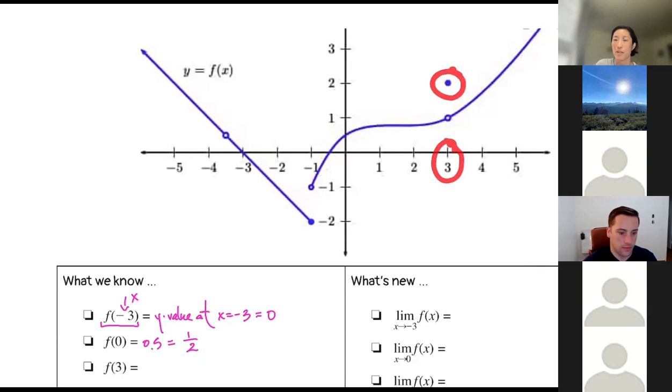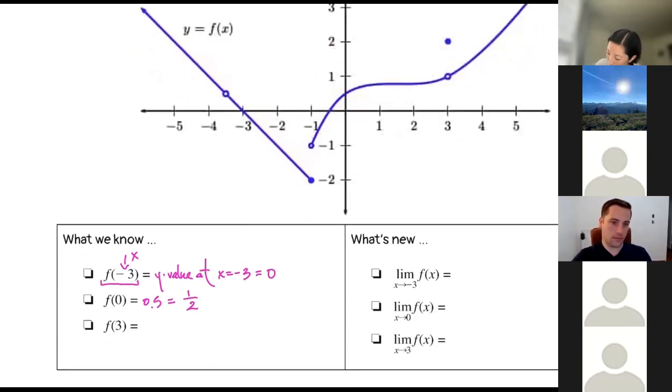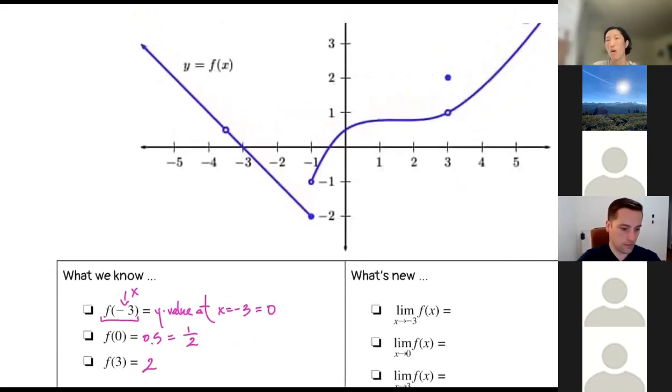The filled in point is where it's actually defined. And so this corresponds to a y value of 2, right? Now, I'm really glad that no one said 1, but I bet that would be the most popular wrong answer. Why would f of 3 equals 1 be a wrong answer?